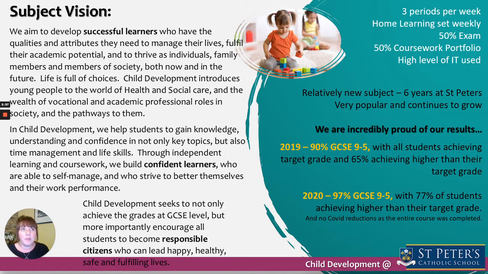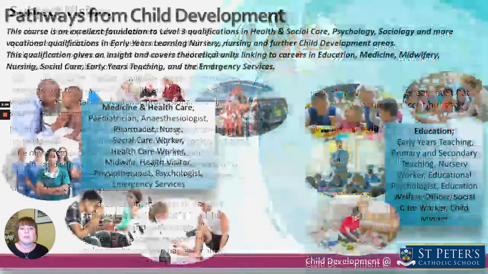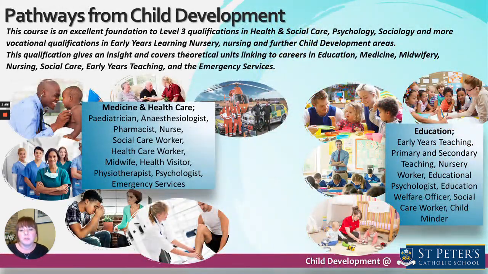In fact, I think it was 47% achieved 2 GCSE grades higher than their target. And target grades are important, but they are not the be-all and end-all. We prefer to use aspirational grades, so we get the students to aspire to which grade boundary they'd like to achieve. So we really try to encourage them to move forwards.